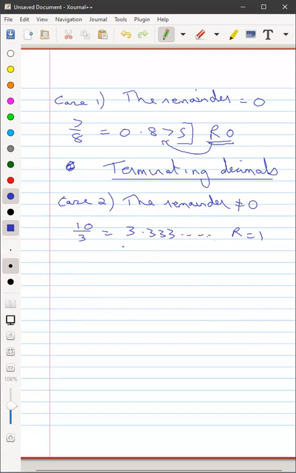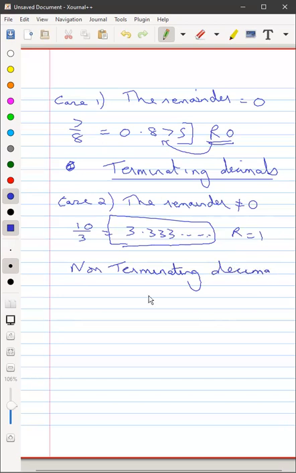If you look at the quotient here, these are non-terminating decimals, or they are also called recurring decimals because they repeat. Recurring means repeat. They don't end. They'll continue forever.